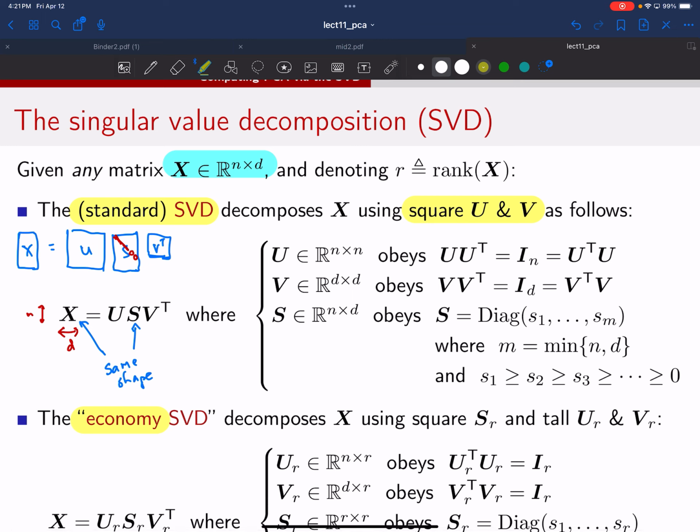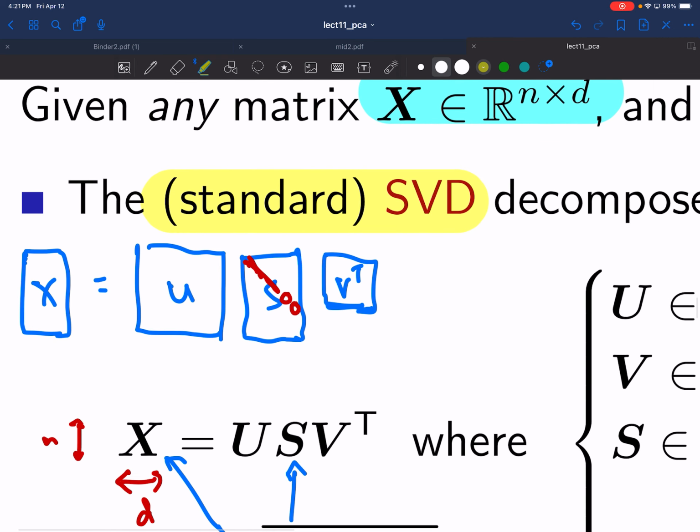Now, if you think about this, remember that these are all zeros here. All this is 0. So when that matrix multiplies by this U, it's going to kill all these elements here.